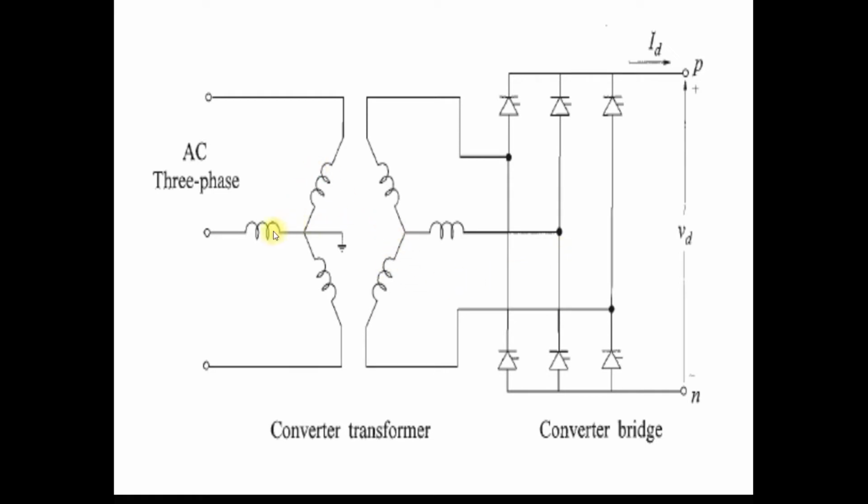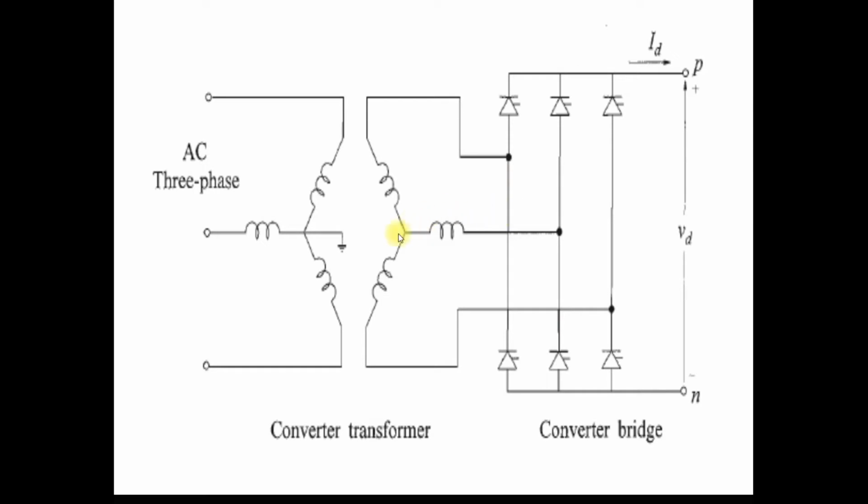Here you can see that the converter transformer primary is star connected with neutral grounded, but the secondary side is star connected with neutral not grounded. The reason is that because of the switching operation of these converters, harmonics are generated.